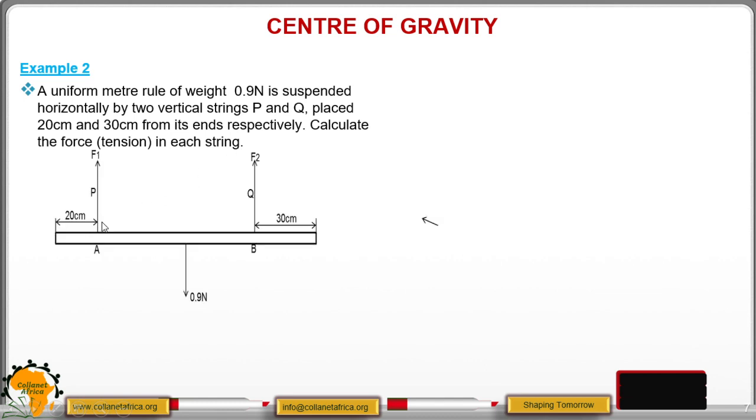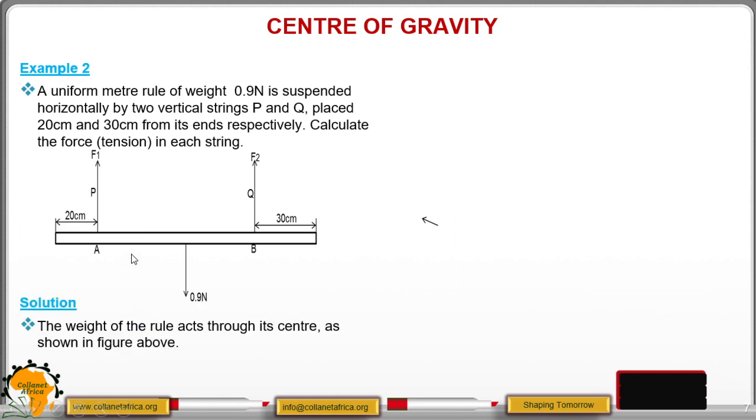So this is the uniform meter rule, which is suspended by these strings to produce F1 and F2. And the weight, as we have seen, acts at the center of this uniform meter rule.